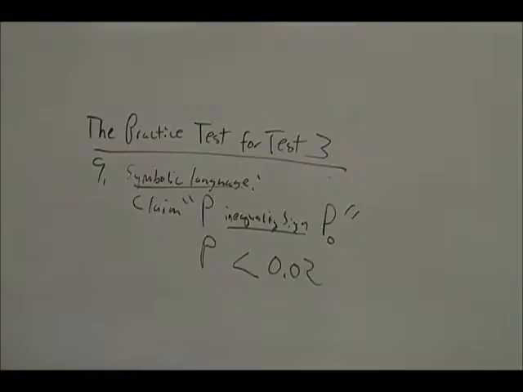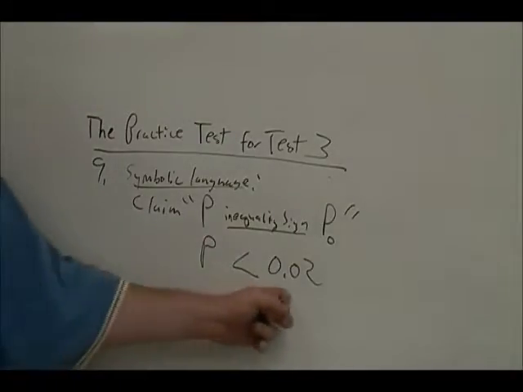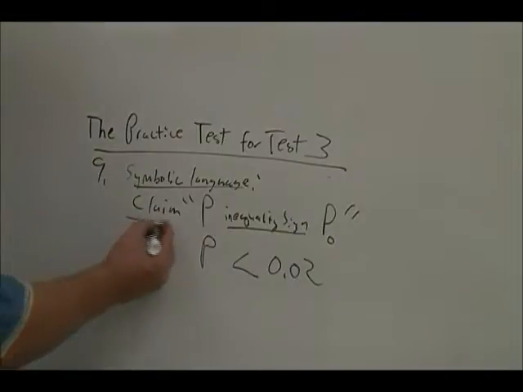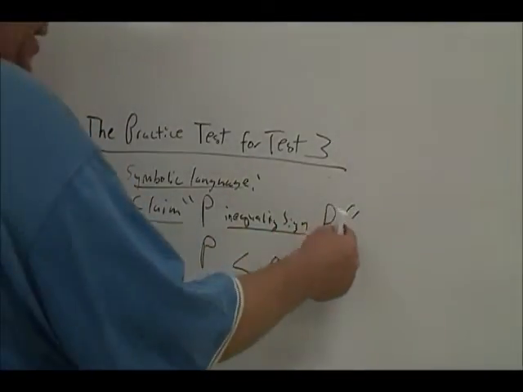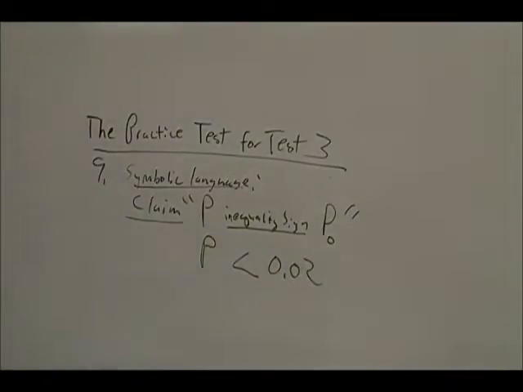That's what you mean when you say that fewer than 2% of the category is in the category, which is seriously flawed here. So the population proportion of all items that are seriously flawed is less than 0.02. So that's writing the claim in symbolic language as P inequality sign P0. All right, did that all come in?